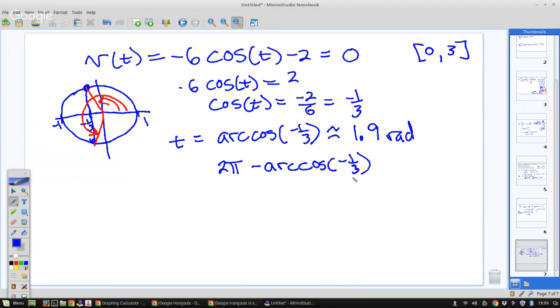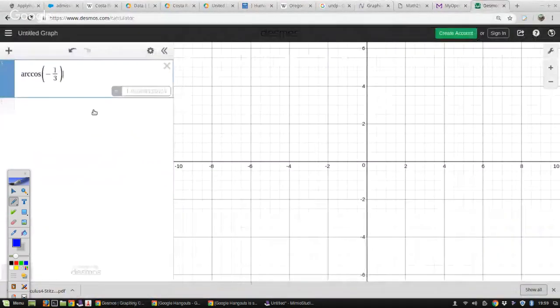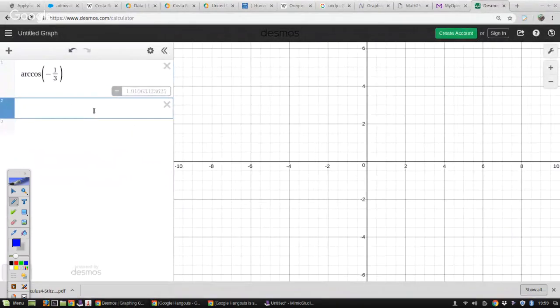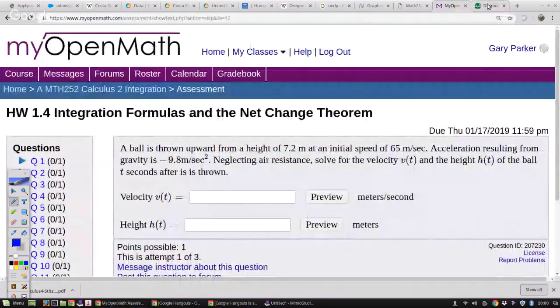That evaluates to about 4.4, so that looks like it's going to be outside of my interval. Let's give it a name. Let's call it A. So then the other possible answer is 2 pi minus A, which is outside. So in our interval the sign just changes once.